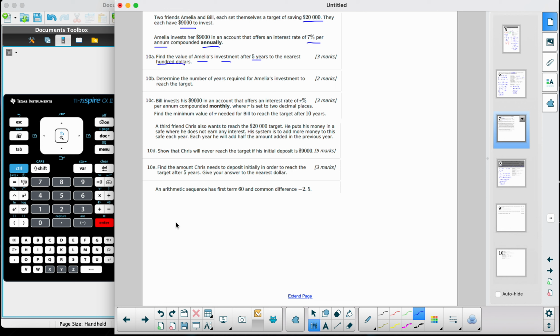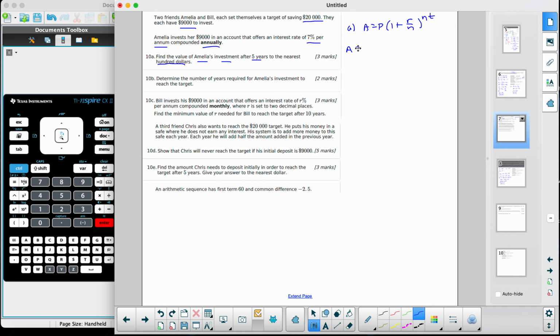All right, so this shouldn't be so bad because we know that A is equal to P times (1 plus R over N) to the NT. R is the interest rate, N is the number of times compounded per year. And Amelia's is compounded annually, so N is 1.